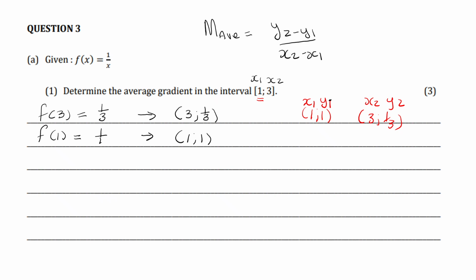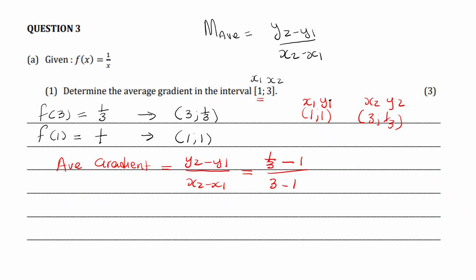Everything is good. Now we can do the substitution. Remember, the formula that we use for average gradient is equal to y2 minus y1, and everything divided by x2 minus x1. So let's do the substitution, because already we know that our y2 is 1 over 3 minus my y1, which is just 1. Everything is divided by x2, 3, minus x1, 1.